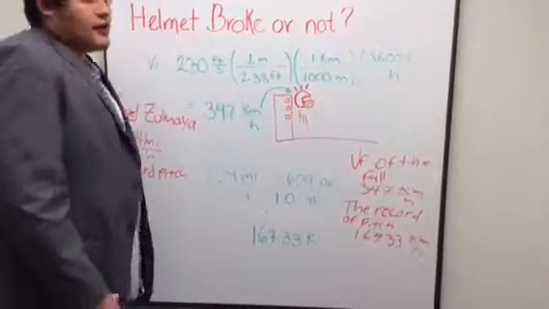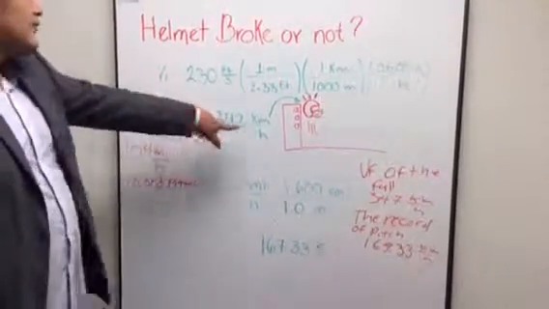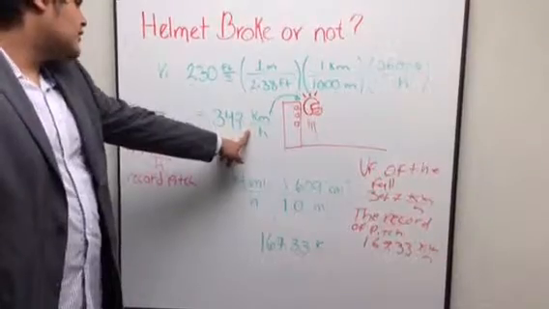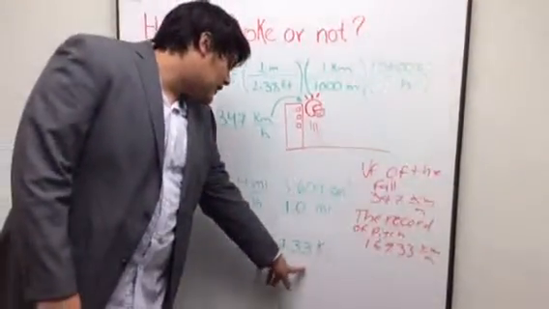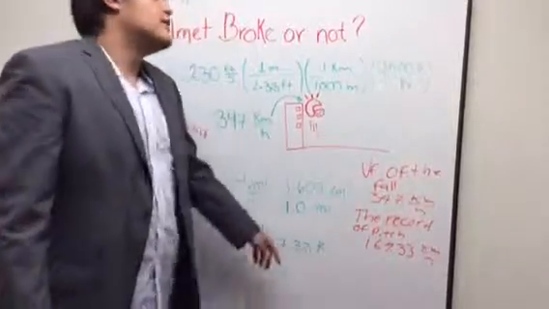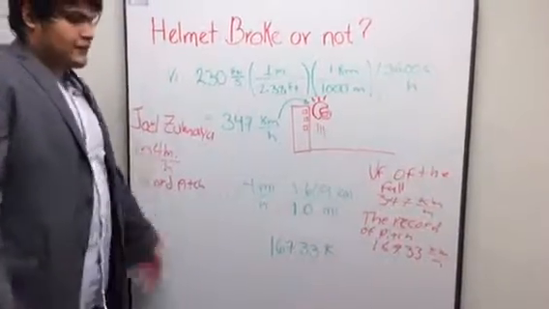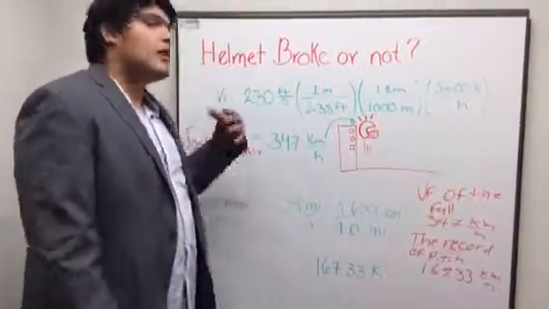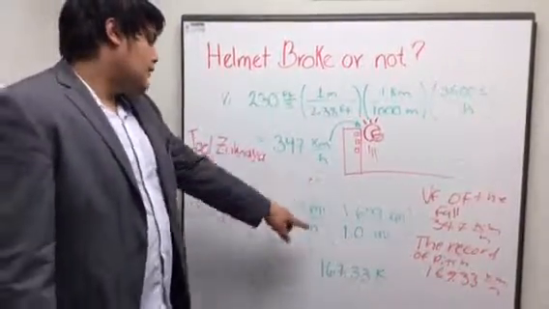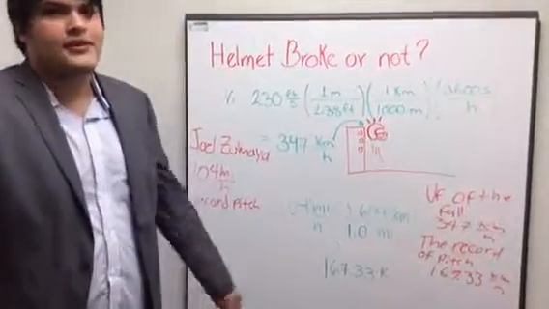So we know that the velocity of the fall is 347, and the record of Joel Zumaya is 167. So it's more than 100 kilometers per hour above one another. So we think yes, it will be broken.